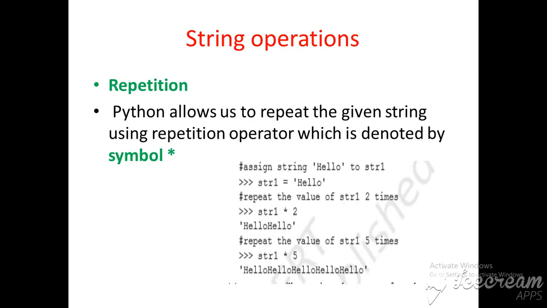The next one is called repetition. Repetition repeats the given string using the repetition operator, which is denoted by the star symbol. This is normally like multiplication. Here string 1 is hello.